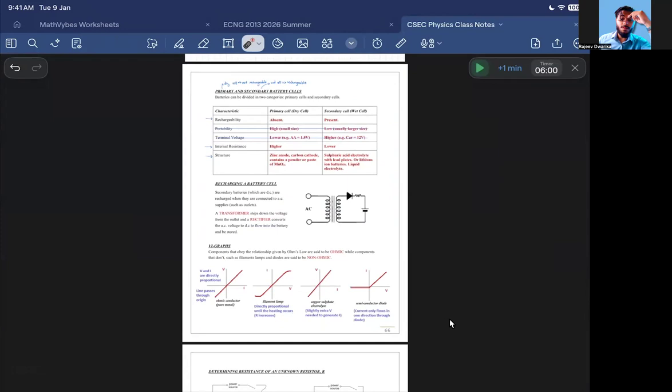What else did we look at? Transformers, we barely looked at transformers. What was the main thing we looked at today? Diodes. Yes, diodes. And what were we using diodes for? To convert AC to DC.